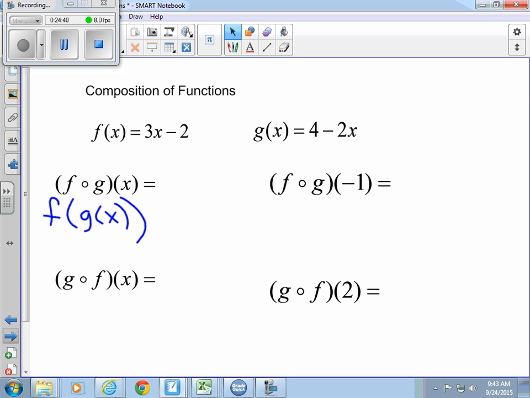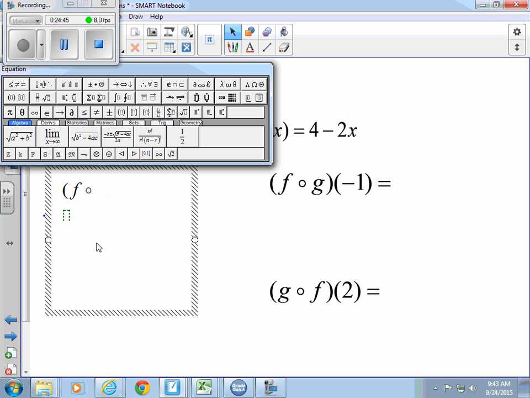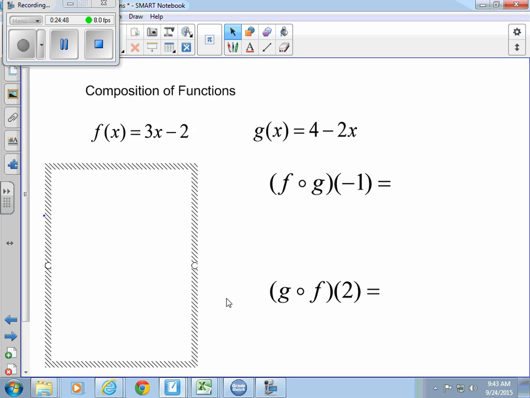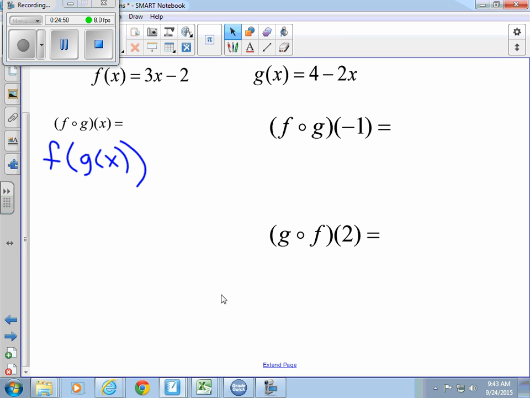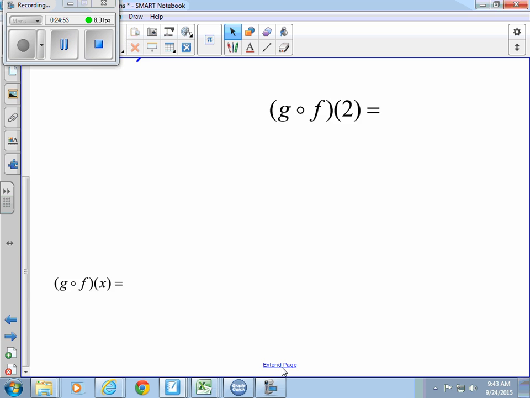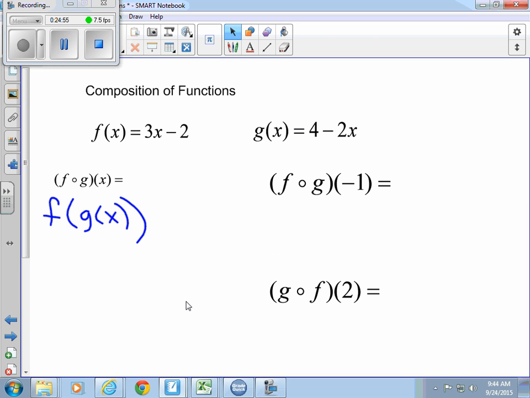Give myself a little more room on my notes. f of the function g of x.